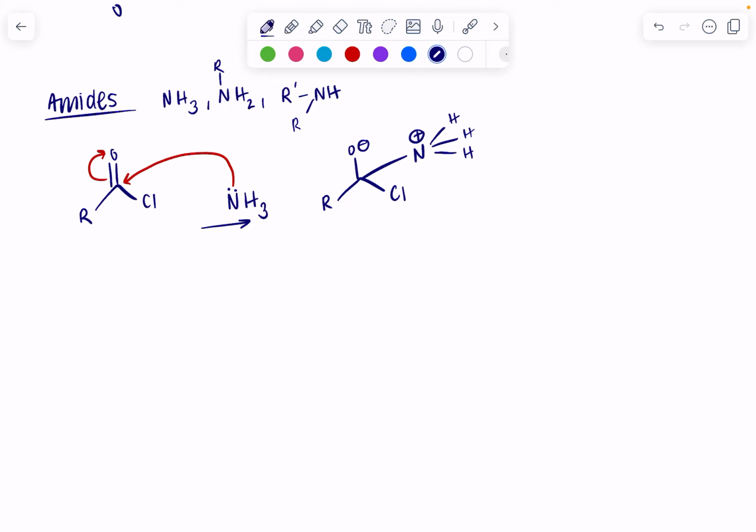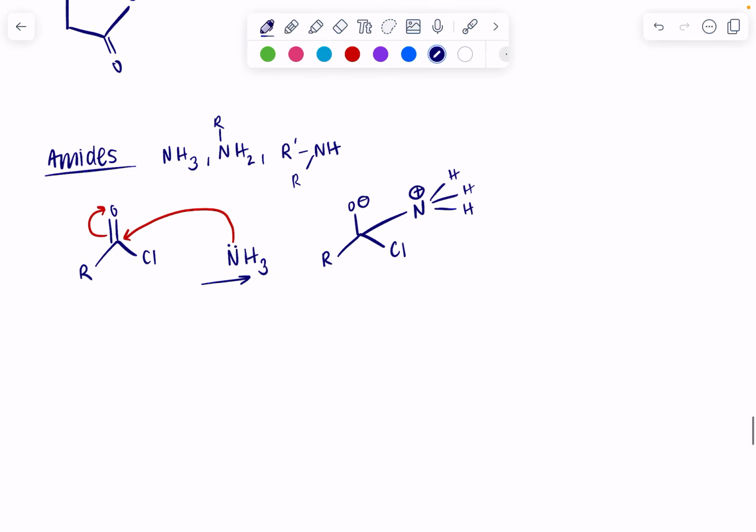You're going to deprotonate this, so maybe even some base would work, since it looks like we're in basic conditions, because we've formed this negative charge on this oxygen. Plus, amines are typically basic. So let's say we have an NH3 in solution, and it's got that same lone pair. So let's just use it.